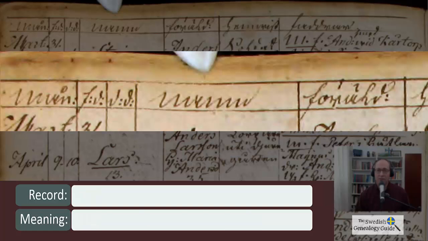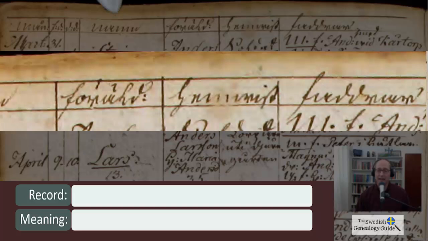The next column heading is the word namn, which is N, A, and look how he did not close the A at the top, and then it's MN, which is the name given to the child at the time of the christening. And then it is F, R, A, L, D, which is an abbreviation for föräldrar, which means parents.